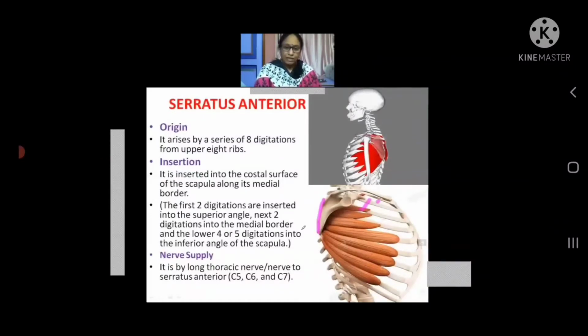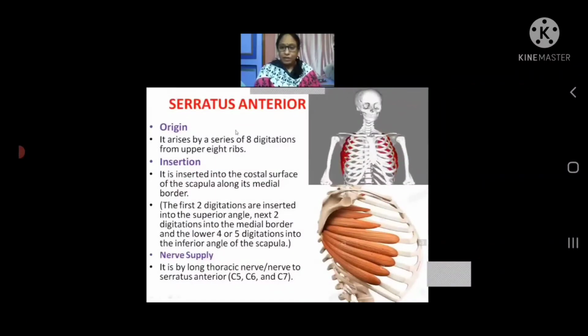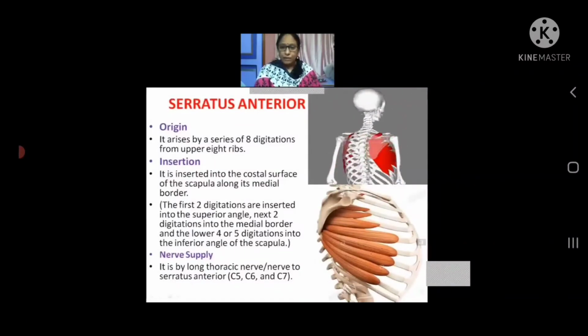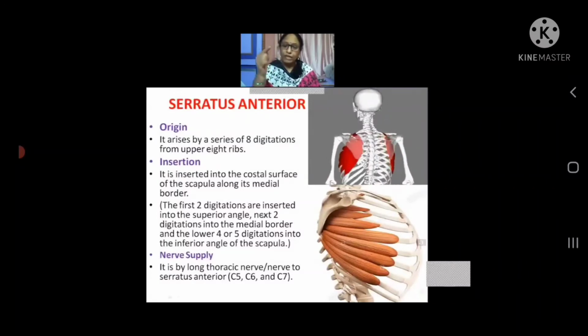And this muscle is supplied by the long thoracic nerve, which is a branch of the brachial plexus. So this is the origin, insertion and nerve supply of serratus anterior. You can see in the image how it arises from digitations on the ribs and attaches to the scapula along the medial border. Paralysis of this muscle may lead to prominence of the medial border.